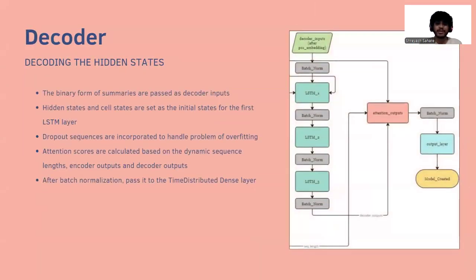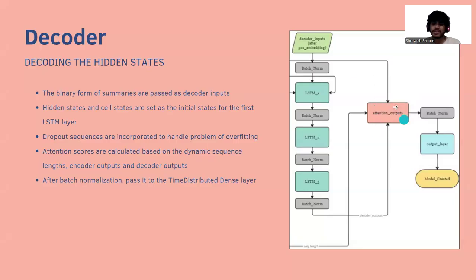Coming to the decoder part, this takes the processed information from the encoder and generates the summarized text. It starts with binary inputs representing summaries, and we use the concatenated hidden and cell states from the encoder to set the initial context. In order to avoid overfitting, I also included dropout in each of the LSTMs, which helps the model generalize better.